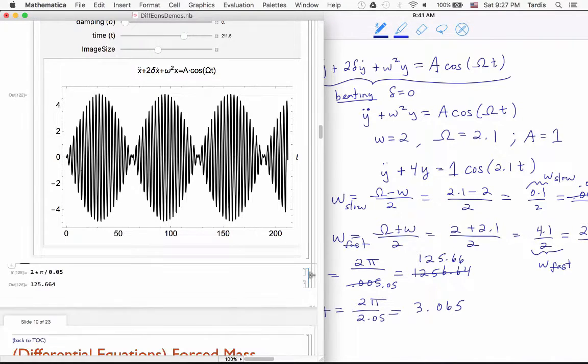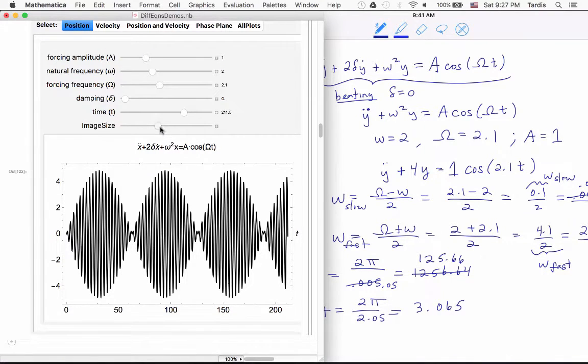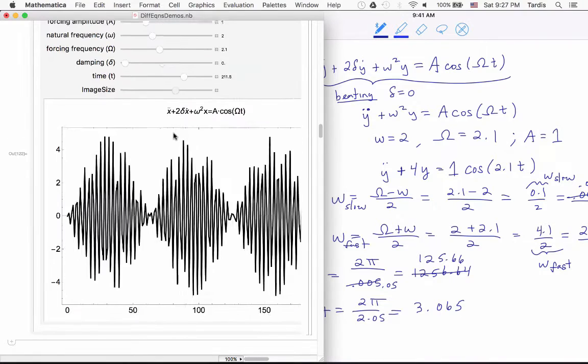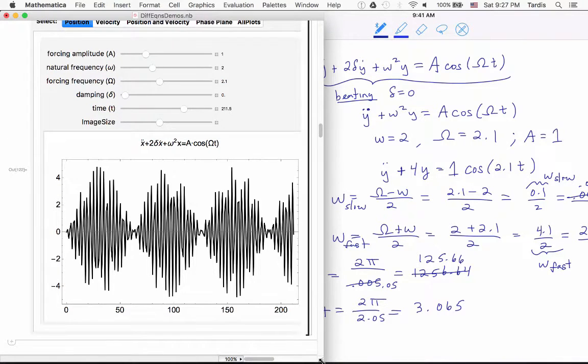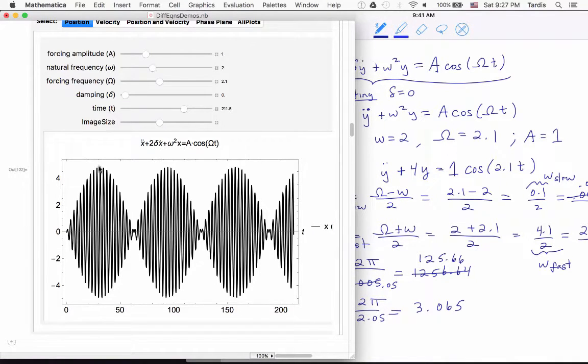Let's see how the numbers we just computed make sense. I was calling one of these frequencies fast and one slow, and I think that's what we're seeing in this picture. Look at the peak to peak time here. This peak to the next peak over there. The distance from here to here should be around 125, which I think would be consistent if I'm checking the timeline here.